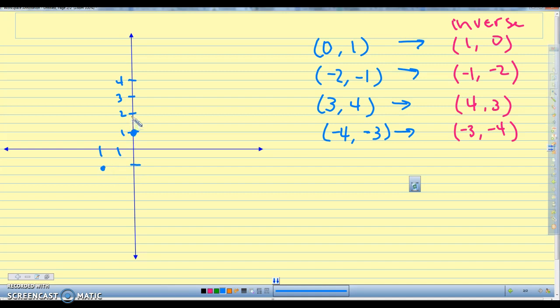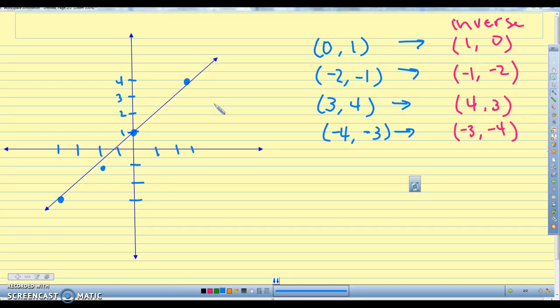My next one is over 3, 4. And my last one is over -4, down to -3. So here. And I draw a line to connect them. The line more or less passes through all those points.